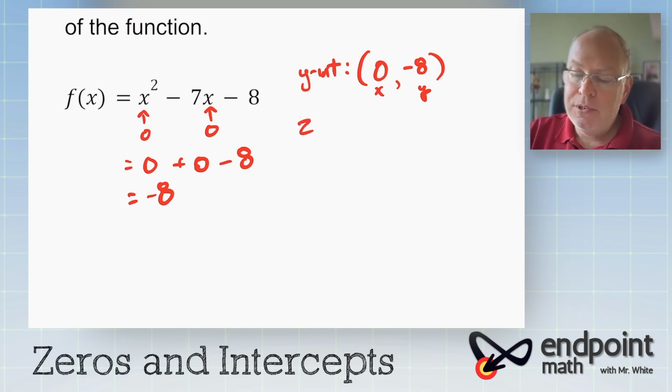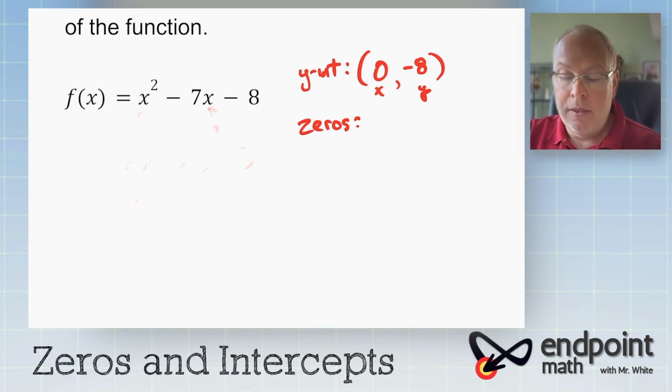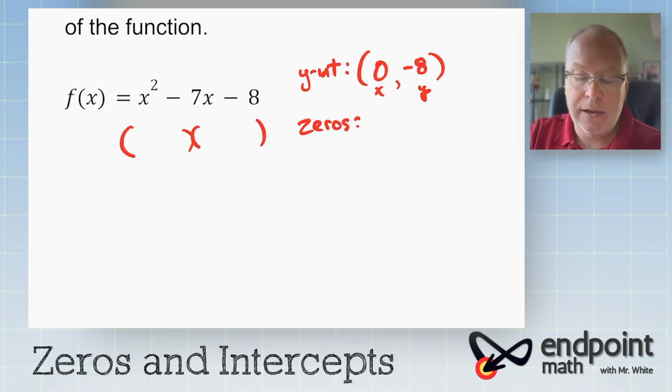Now what about the zeros? All right, I'm going to utter a word that may strike fear into the hearts of some of you, and it is an F word. Ready? 3, 2, 1. Factoring. We're going to factor this thing because when you factor something, you get its factors.